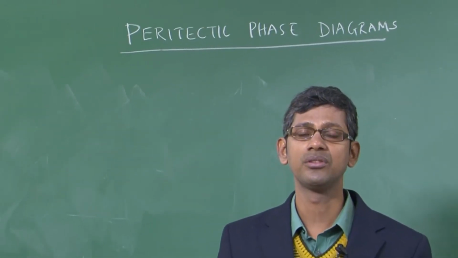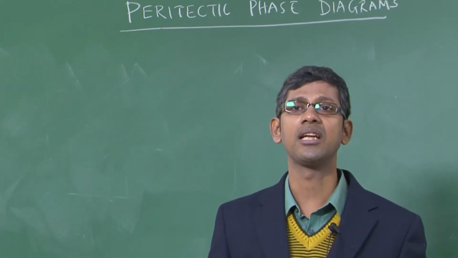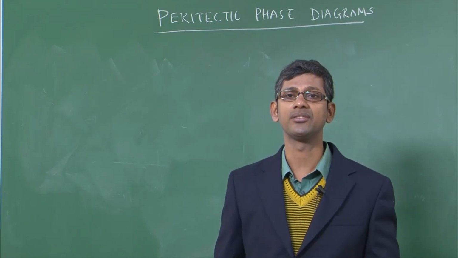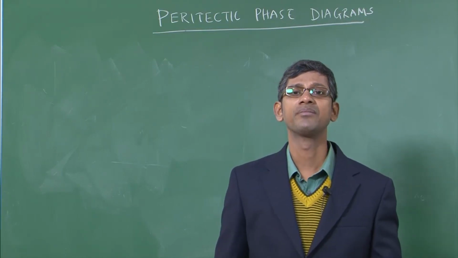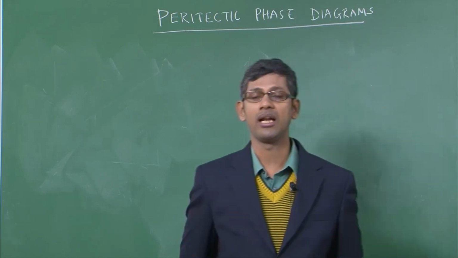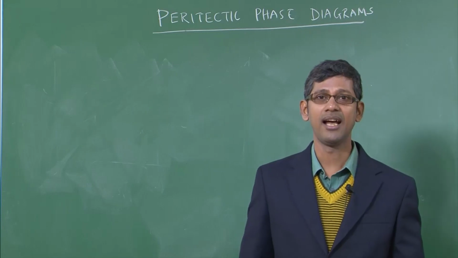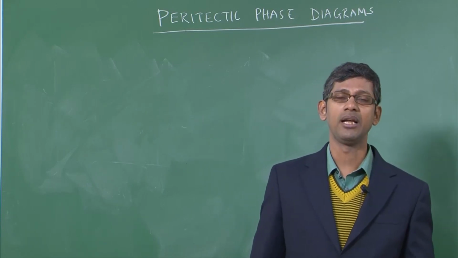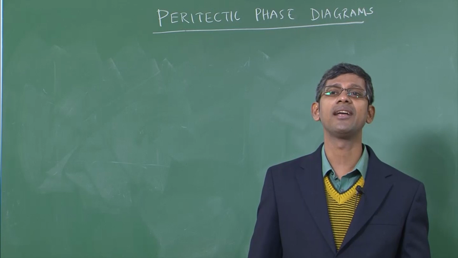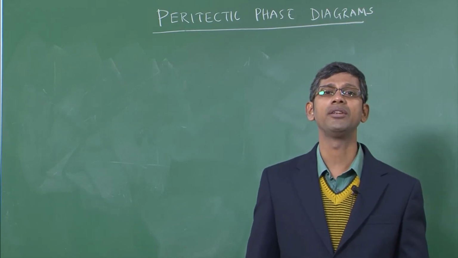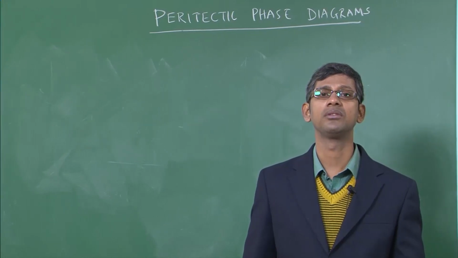Similarly, bronze, copper and tin, an alloy has peritectic reactions. Similarly, many industrially important alloys, let us think of iron carbon, classical steel has a peritectic reaction, and the peritectic reaction for the steel lies at very low carbon concentrations, that's about 0.13% of carbon.